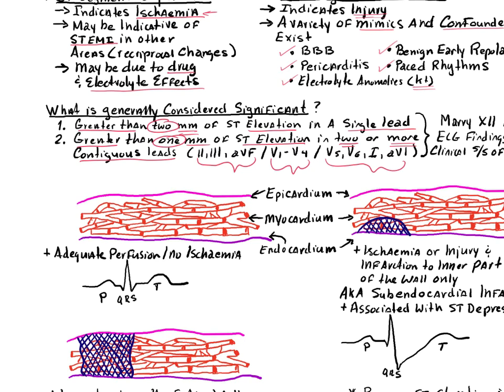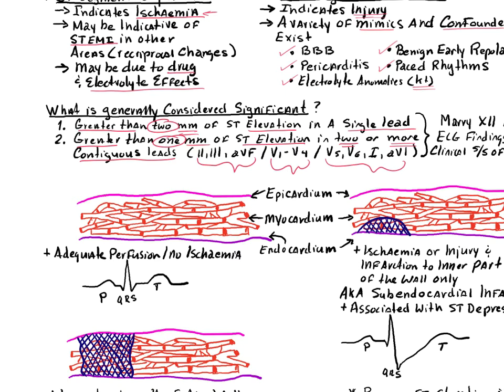So if I had 1 millimeter of ST segment elevation in lead 2 and 1 millimeter of ST segment elevation in lead V4, would that meet criteria for STEMI? No. But if I had a millimeter in 2, 3, and AVF, would that? Yes. If I had 2 millimeters, or let's say 3 millimeters of ST elevation in lead V1, would that be enough? Yes.